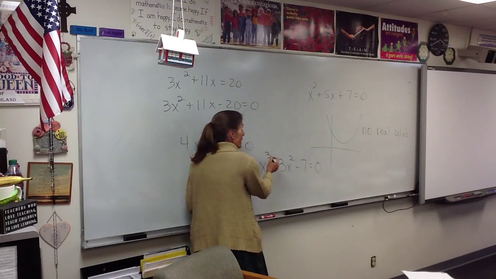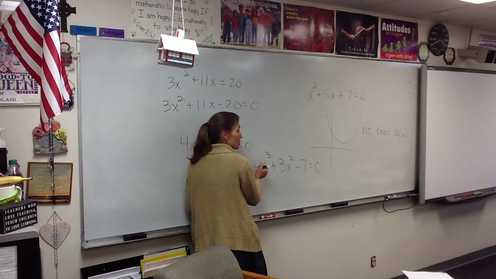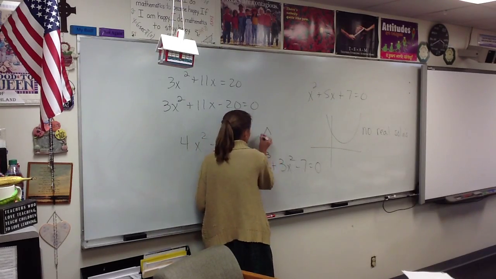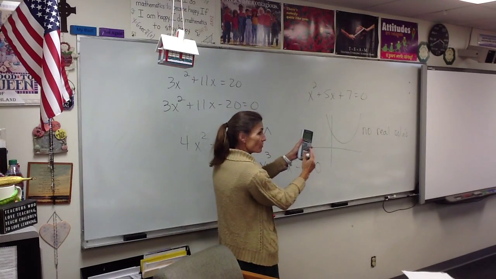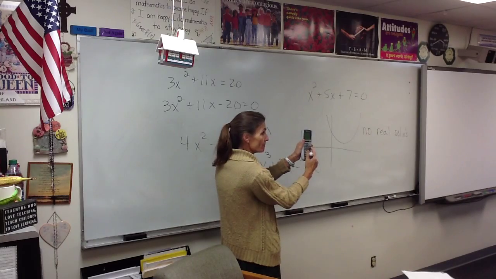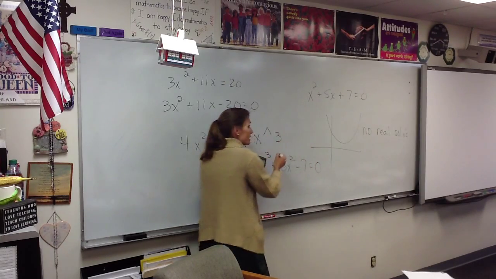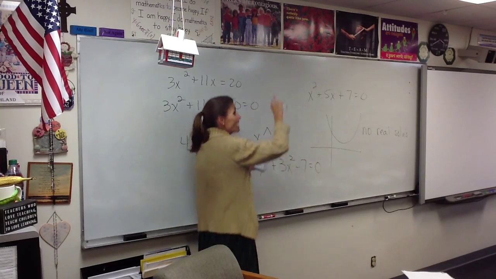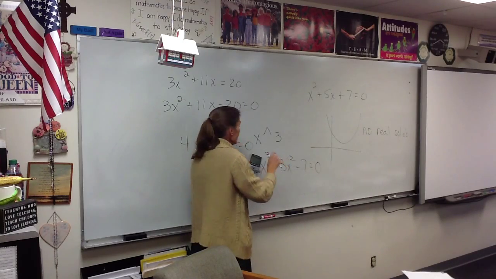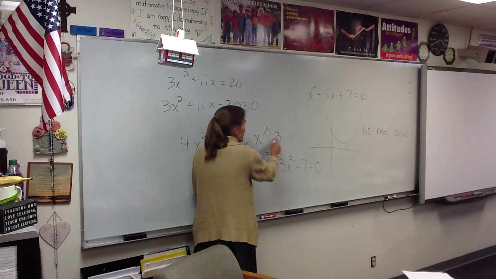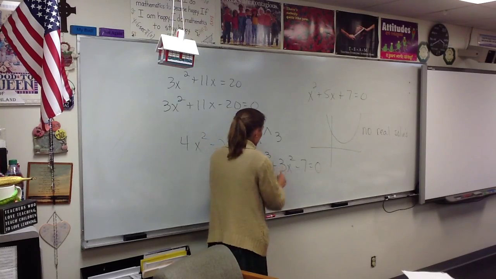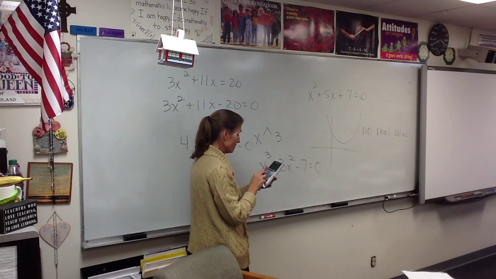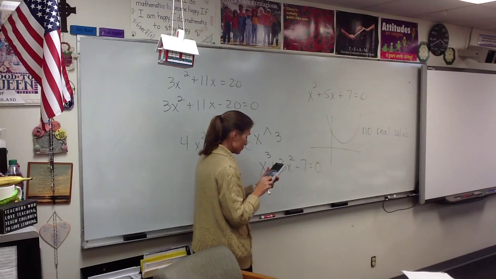One way, the fastest way to get that cube is to hit this button, which is right over here under the clear on my calculator, and then hit 3. This is your raised to the power button. So this says x raised to the 3rd power. And then you can put in your 3x squared and your minus 7.